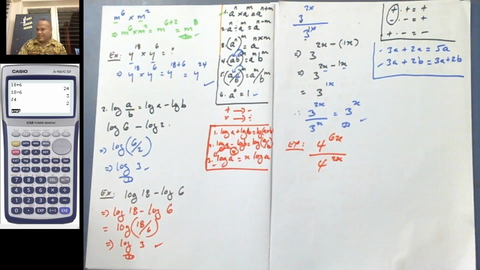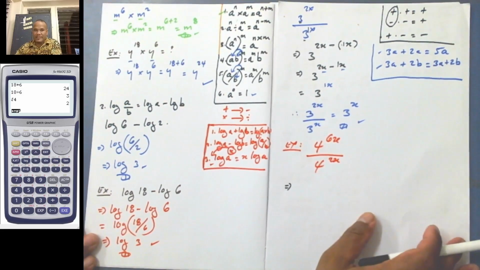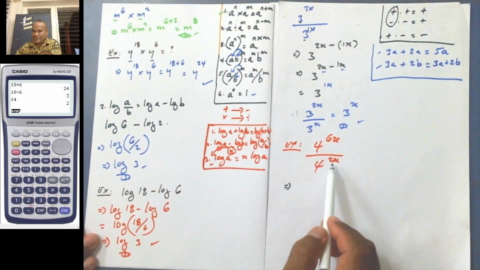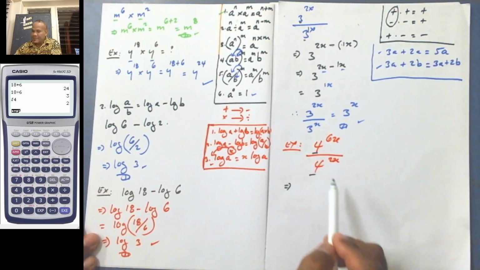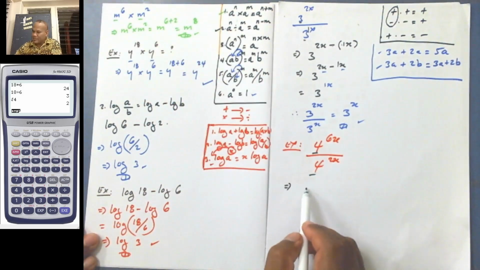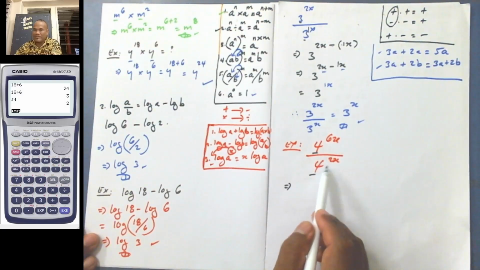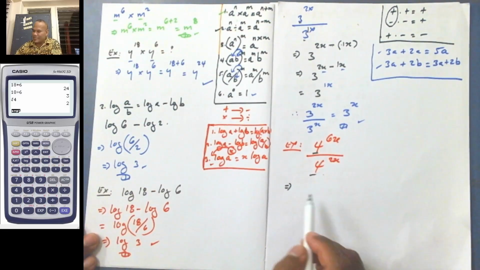Okay, let's try and answer that question. So first we need to identify the equation. The problem is 4 to the power of 6x over 4 to the power of 2x. Since they are on the same base, we apply the second law. So 4 to the power of 6x divided by 4 to the power of 2x. Since we're dividing with the same base, we subtract the power.